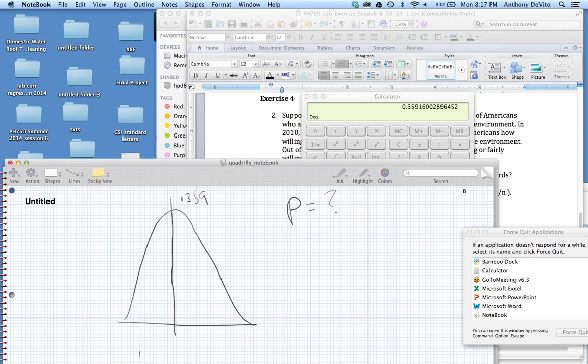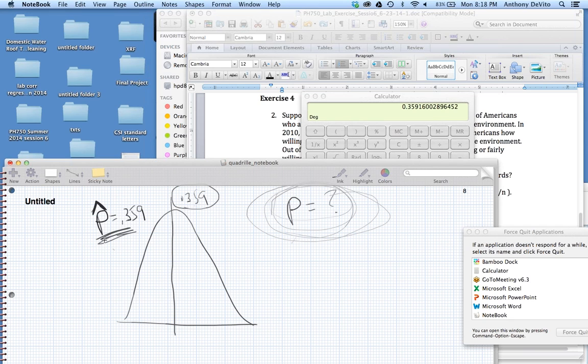I'm going to call the population proportion P. All I know is the proportion that I found for my sample of 1,300 people. I'm going to give that a special symbol, P cap. That's my proportion that I got from my sample, equal to 0.359. Now I know that if I went to this population and repeatedly sampled 1,300 people, I would sometimes get more than this, sometimes less than this, right? But it would be normally distributed around the real population proportion.